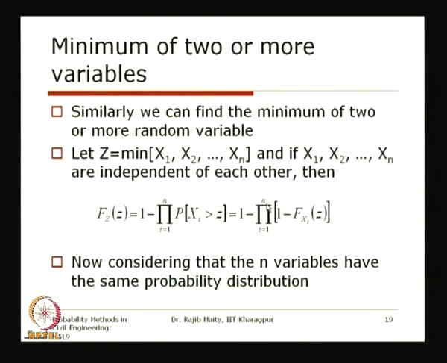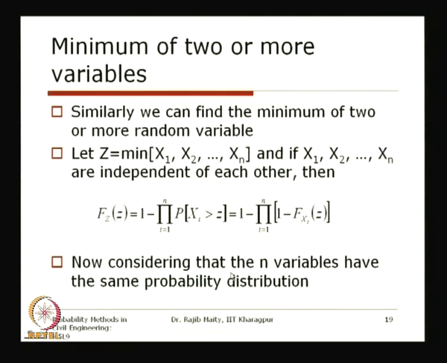And similarly, if we take the minimum of two or more random variables, that is, z equals the minimum of x1, x2 up to xn, and if x1, x2, xn are independent of each other, then Fz equals 1 minus the product of the probabilities that xi is greater than z. So this can be expressed as 1 minus the product of 1 minus the CDF of the individual random variables.